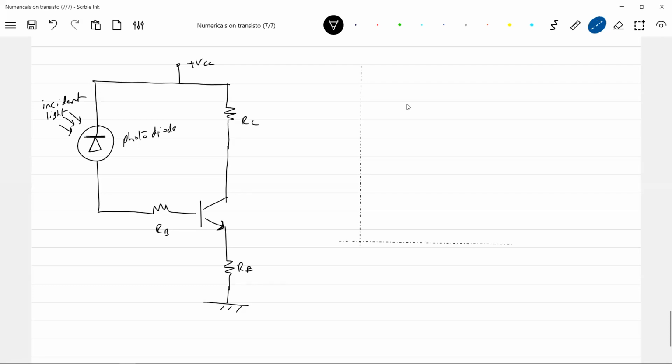I'm going to increase the intensity of light. So this is IC in milliampere. This is VC. So here IC is this one.